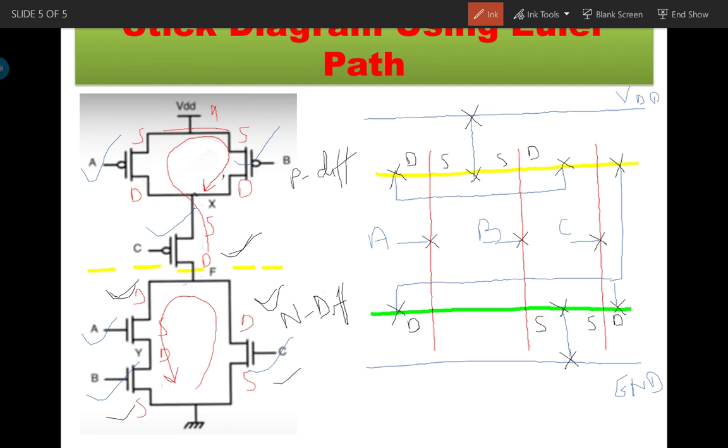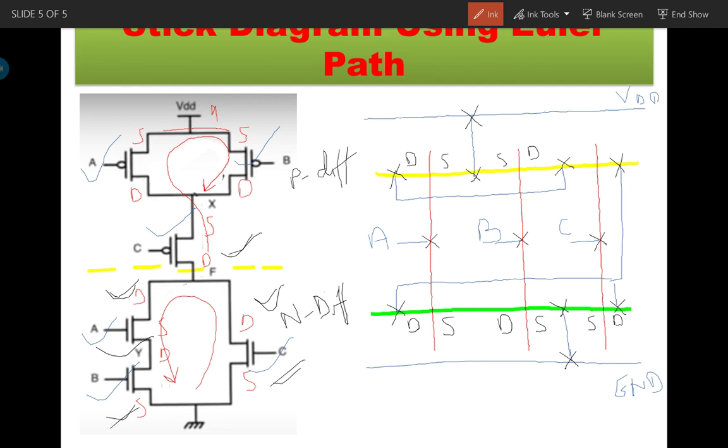Okay, now the source and drain of inputs A and B on the lower side. This is my source of A and drain of B. They are sharing the same diffusion line. There will be no metal connection between them. Similarly, the source of C and the source of B are sharing the same diffusion.